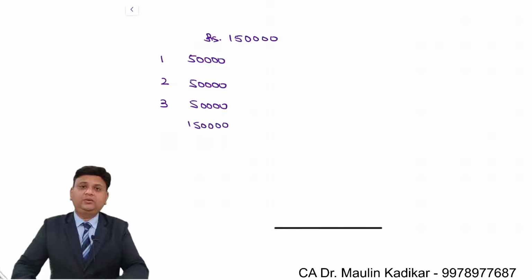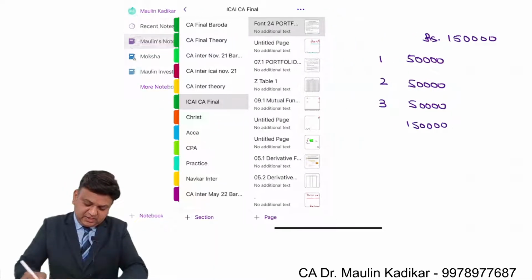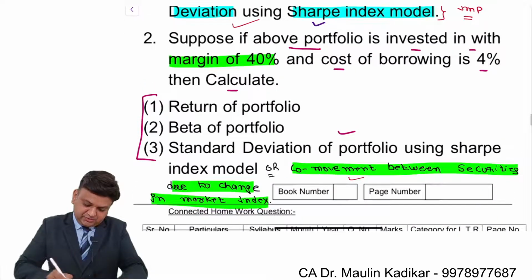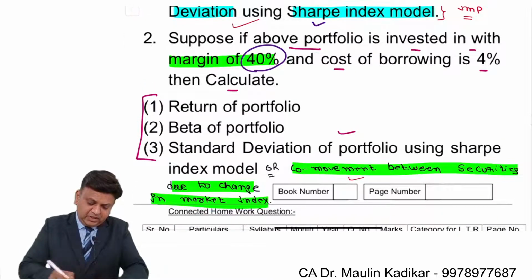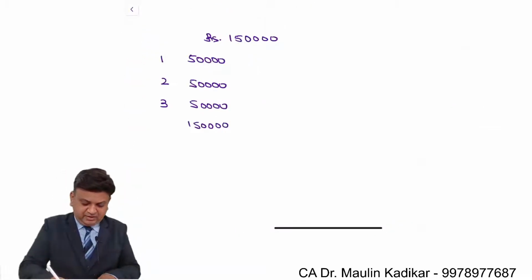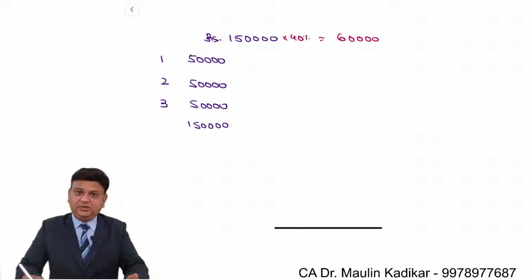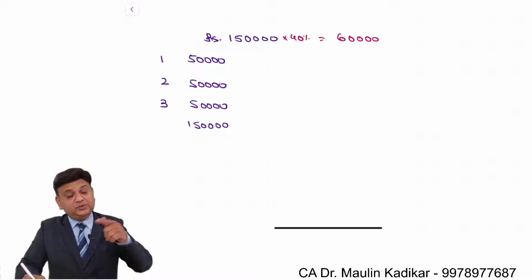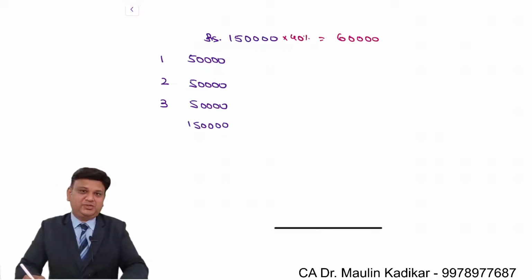Now you are going to invest in this portfolio once again with a margin of 40 percentage. What does it mean? It means that whatever the amount that you are already having into 40 percentage comes to an amount of 60,000. You will borrow an amount of rupees 60,000 and you will make investment in this portfolio once again in equal proportion. 60,000 divided by 3, yes, it comes to 20,000.